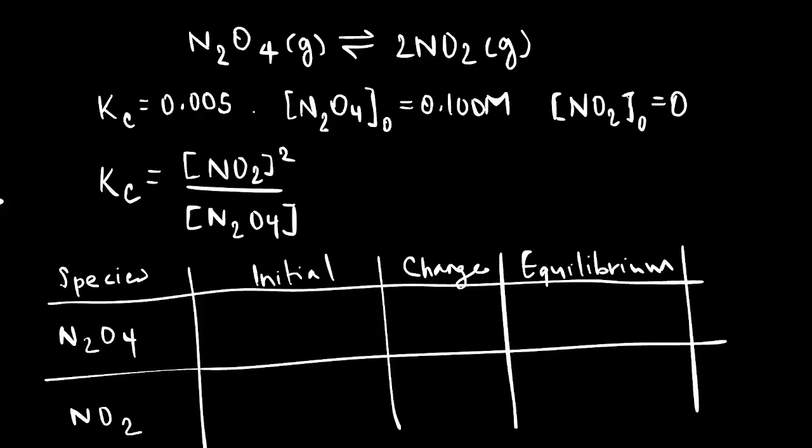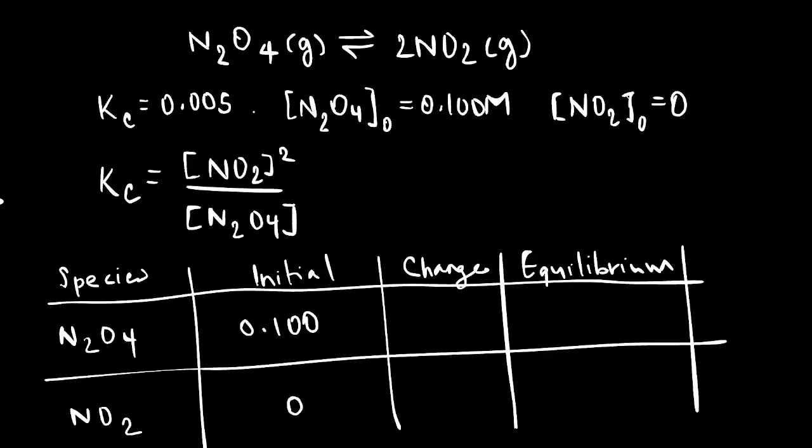So we start off with our initial concentrations, which is provided for us. The initial concentration for N2O4 is 0.100 molar. And for NO2, it is 0 molar. Now, what do we put in this change column? The change column, in order to figure out what goes here, we just have to reference our balanced chemical equation again.